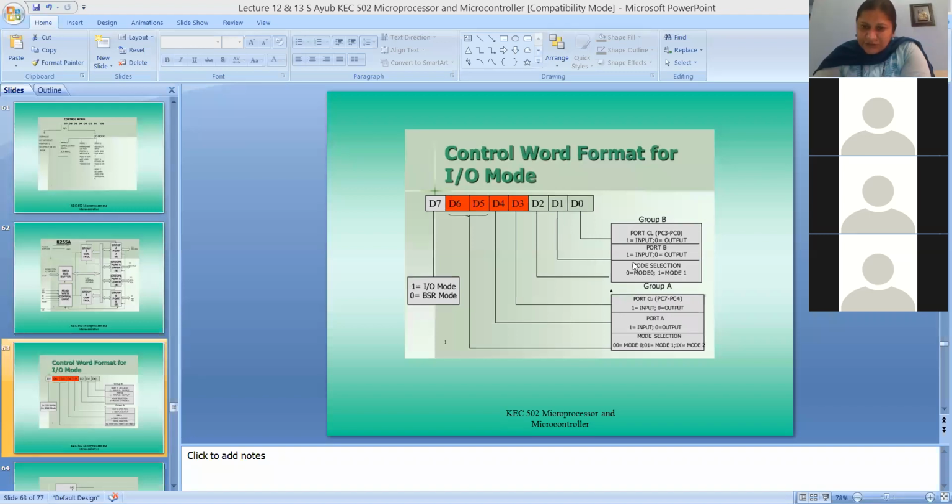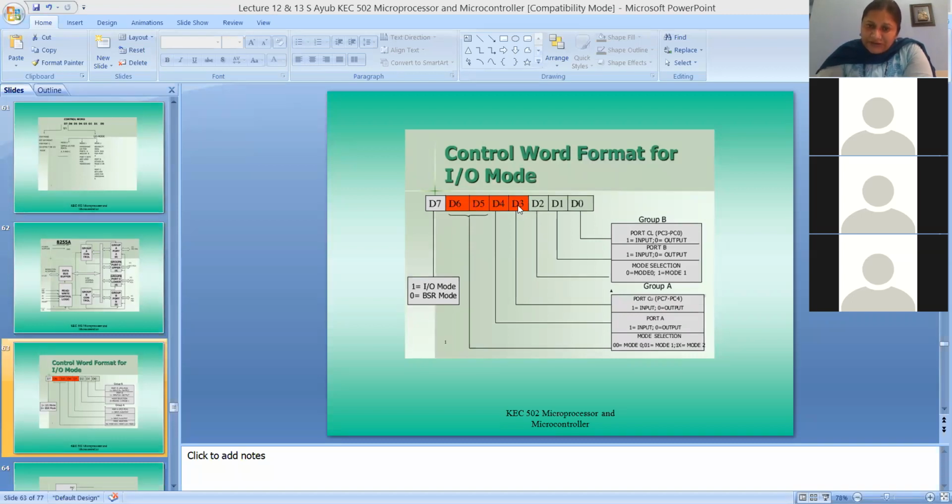If this bit is 0, then port B is output. So 1 is for input and 0 is for defining the output port. And this is for the mode selection. This is applicable for these particular ports, port C lower and port B. So we call this group B. And if this bit is 0, then it is mode 0. If this bit is 1, then it is mode 1.